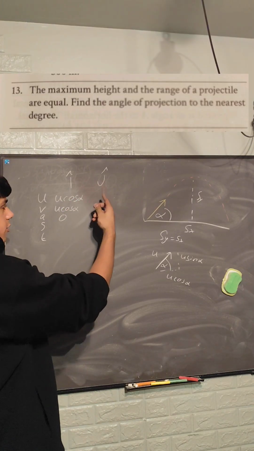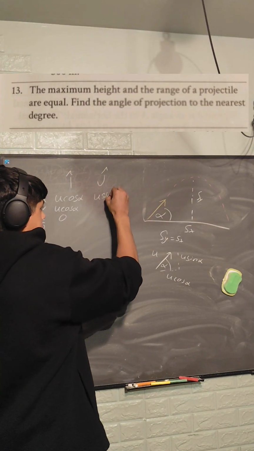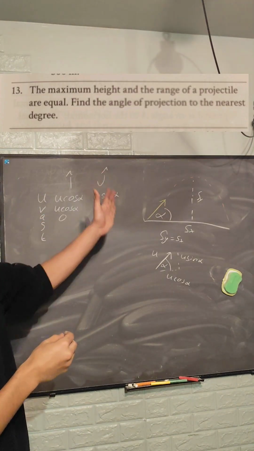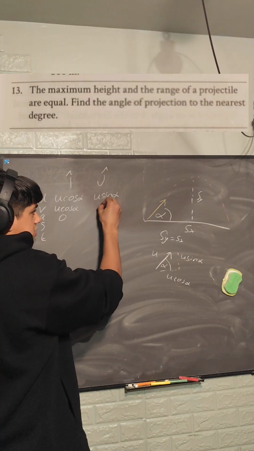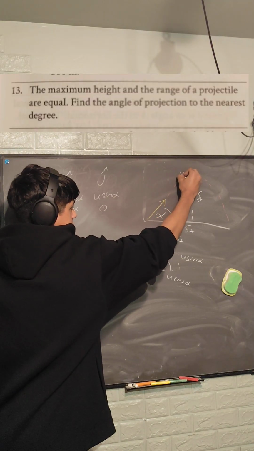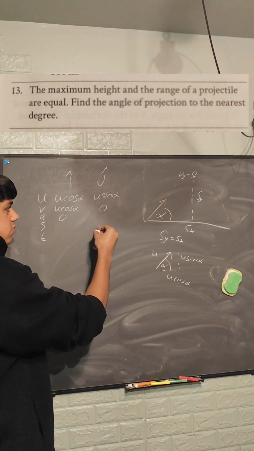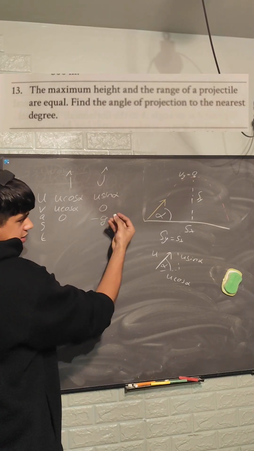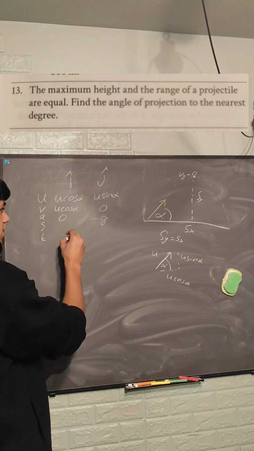Now, we'll move on to the vertical component. As we can see, it's u sine alpha. And in the vertical direction, projectiles have a deceleration. It eventually goes down to 0, so when we get to our max, where sy is, the velocity in the y direction is equal to 0. So since it's slowing down to 0, there must be some deceleration, and it's minus g. g is a constant, it's 9.8, so minus 9.8, but I'll just write g for simplicity.